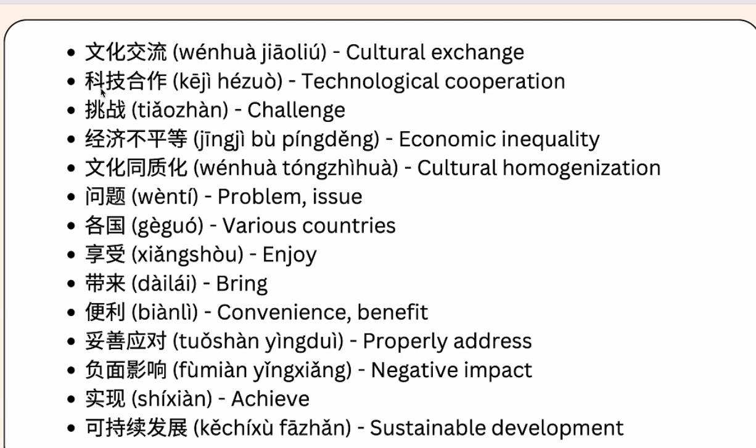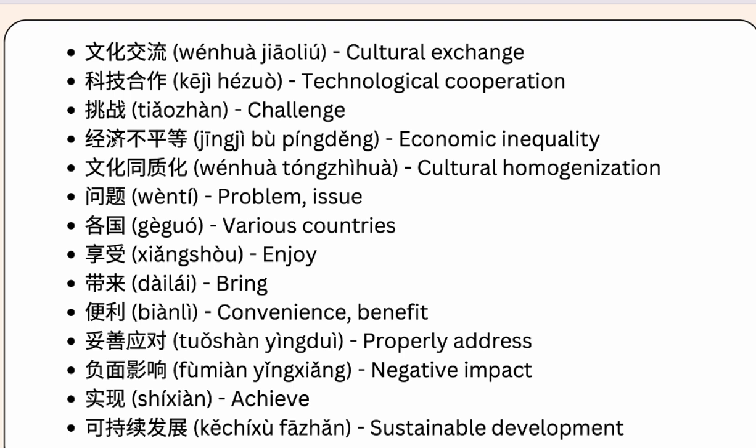科技, we just mentioned, technology. 合作, collaborations or cooperations. So 科技合作. Next one, 挑战, that's challenge. 挑战. All these words, make sure you remember them because they come up a lot.